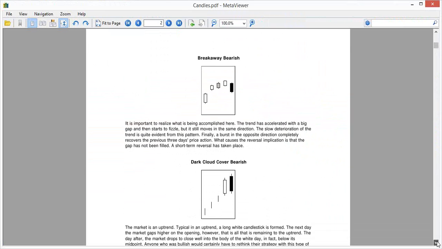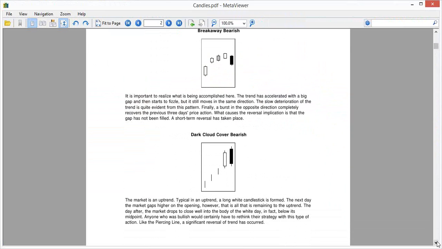The breakaway bearish. It's important to realize what has been accomplished here. The trend has accelerated with a big gap, as we've discussed before, and then starts to fizzle, but it still moves in the same direction. The slow deterioration of the trend is quite evident from this pattern.